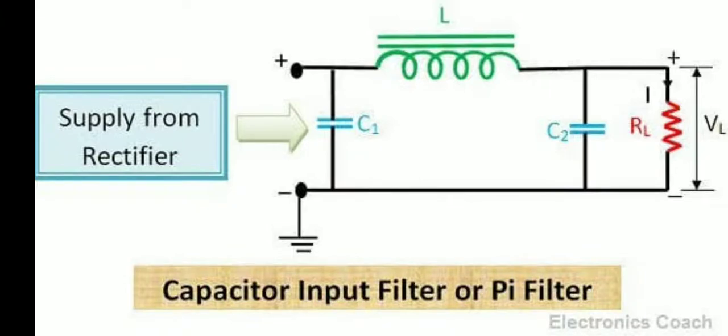Basically, filters are efficient in eliminating AC ripples from the rectifier's output voltage. However, the pi filter is more efficient in eliminating ripples because it includes an additional capacitor on the input area of the circuit.